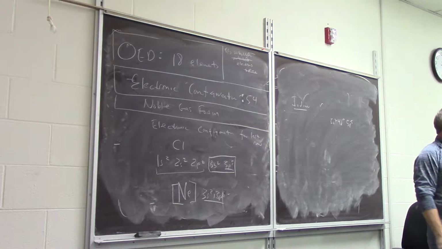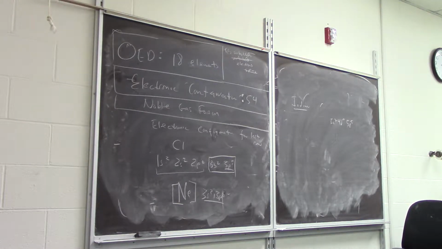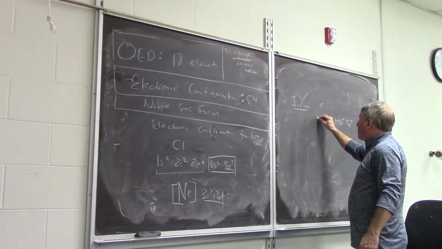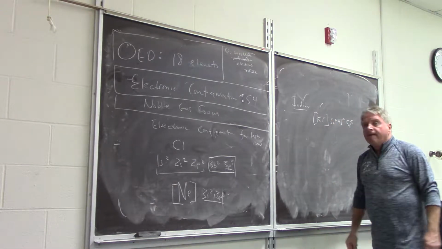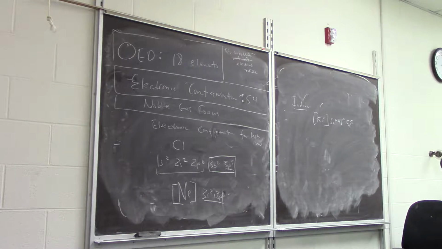Then you go one row up and find its noble gas, and that's krypton. Krypton has the noble gas form of 1s2, 2s2, 2p6, and so forth, up through 4p6. So that really shorthands it.